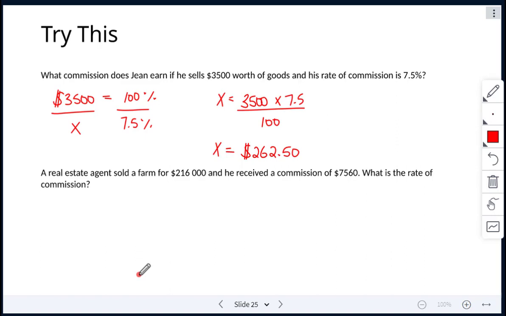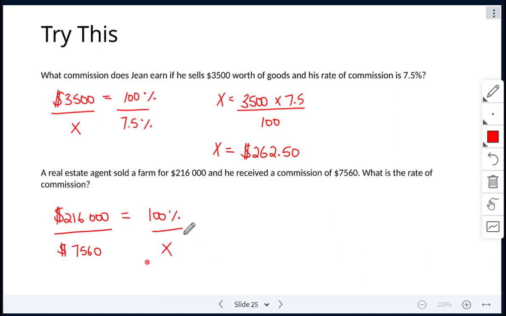Okay, the next one, we know what the value of the farm is. It's $216,000. So that is the 100% value. He receives a commission of $7,560. What is the rate of commission?